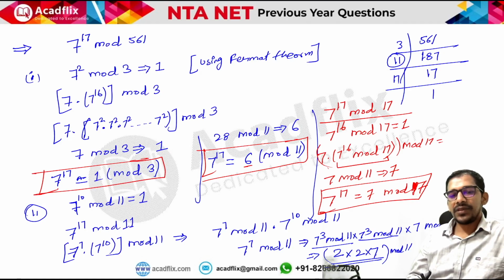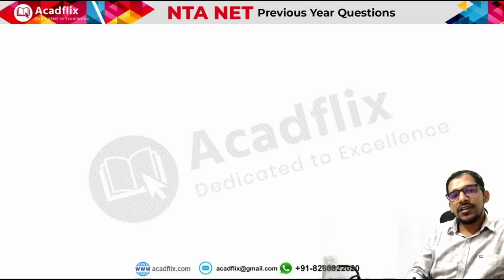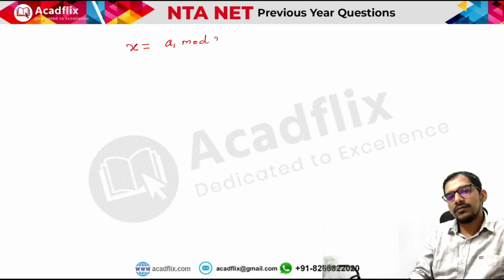Simply means that this problem becomes the same problem, that is your Chinese remainder theorem. Chinese remainder theorem says that x equals a1 mod n1, x equals a2 mod n2 and x equals a3 mod n3.